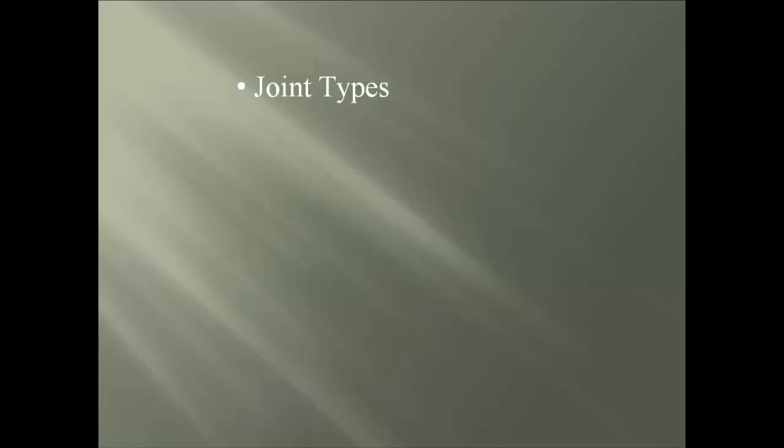We now move to the joint types used with welding of reinforcing steel. They are direct or indirect butt joints, lap joints, and T-joints. Direct butt joints are usually welded with full penetration groove welds, whereas indirect butt joints usually are seen with either a single or double flare groove weld.